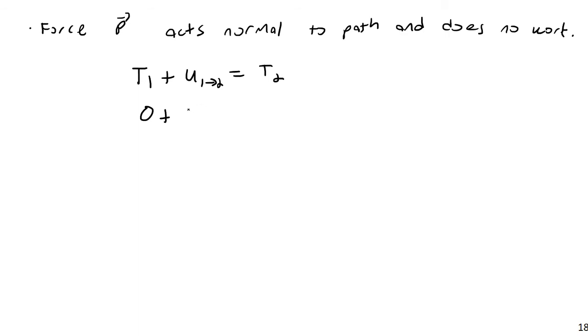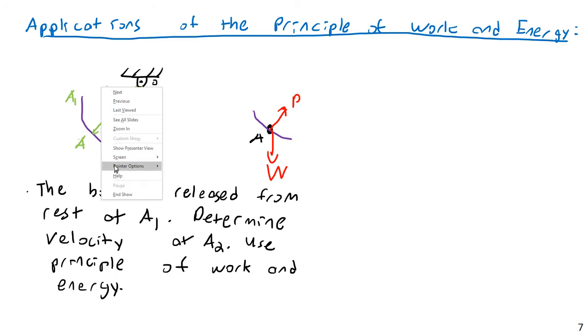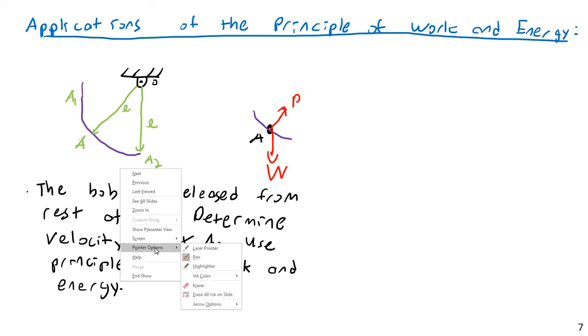Actually, let me make clear, I want to modify this slightly. It wasn't very clear, but I actually wanted this to be purely horizontal. So A1 is going to be perfectly horizontal, just to make this a little bit clearer.